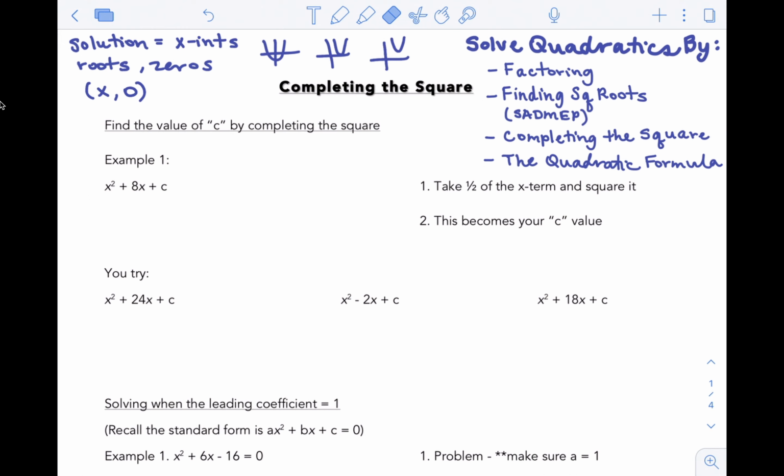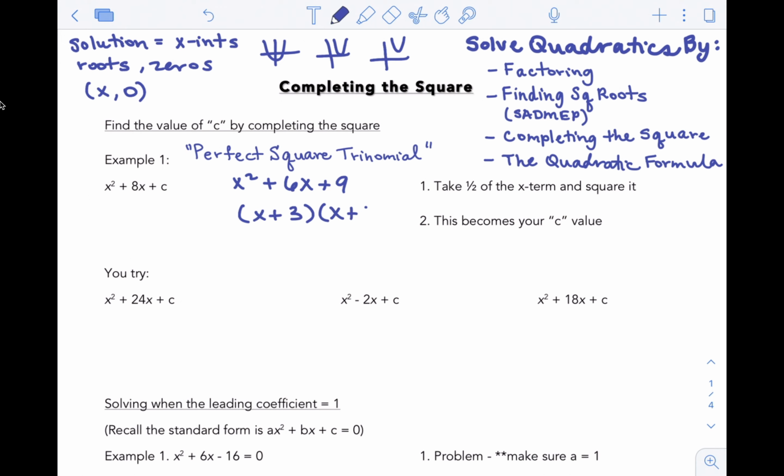The purpose of the pre-work is to get comfortable making a perfect square trinomial. So, what is a perfect square trinomial? A perfect square trinomial would be any trinomial that, whenever it factors, ends up being the same factor times itself, or that factor squared.